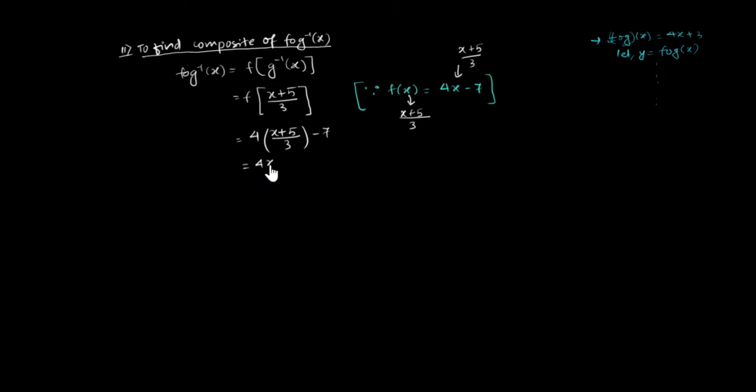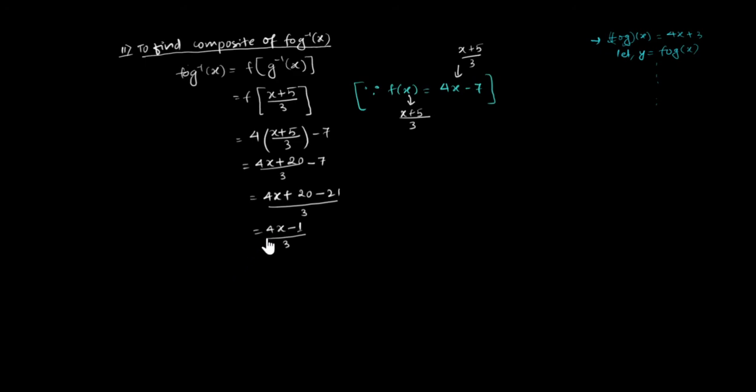You will get (4x plus 4 fives are 20) divided by 3 minus 7, and then (4x plus 20 minus 21) divided by 3. It equals (4x minus 1) divided by 3.